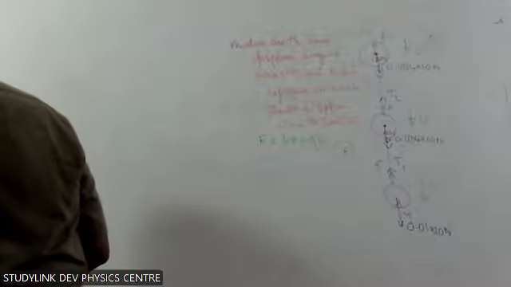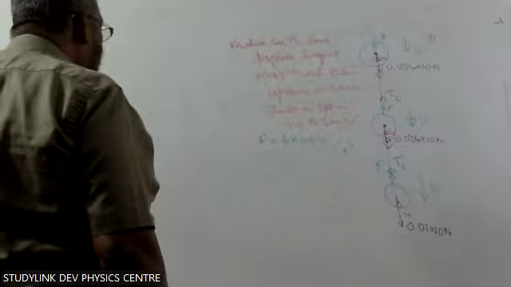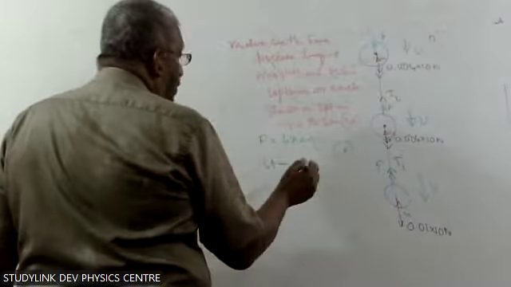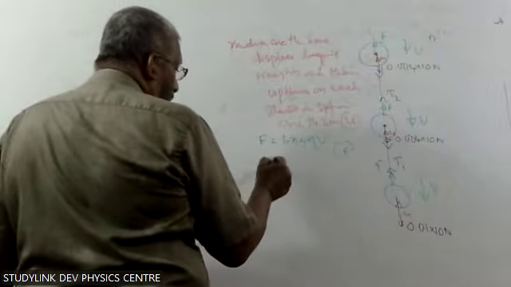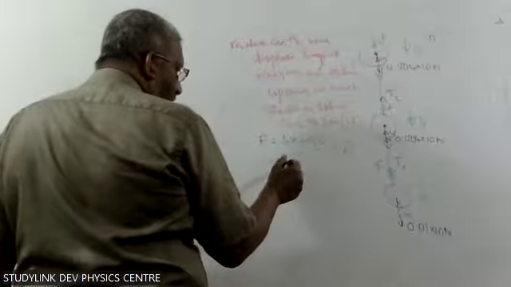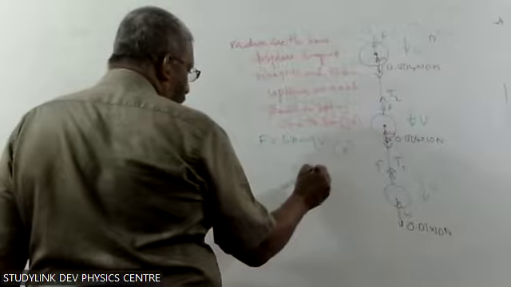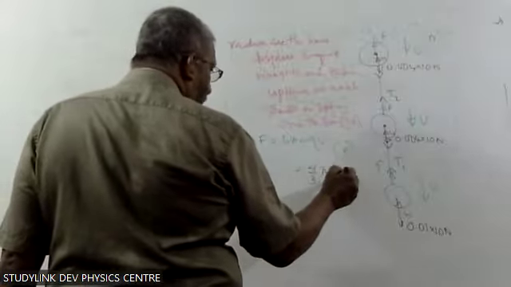After that, what you have to do is find U. How to find U? First you write volume of each, that is use 4/3 πA cubed.